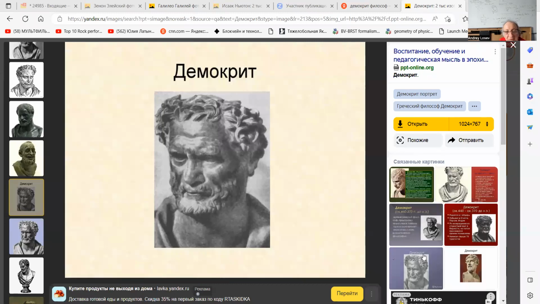Actually, he had a hard life. So I'll try to show you all people who were involved. It is Democritus, who had the idea of elementary particles approximately 2,500 years ago, in Greek time.